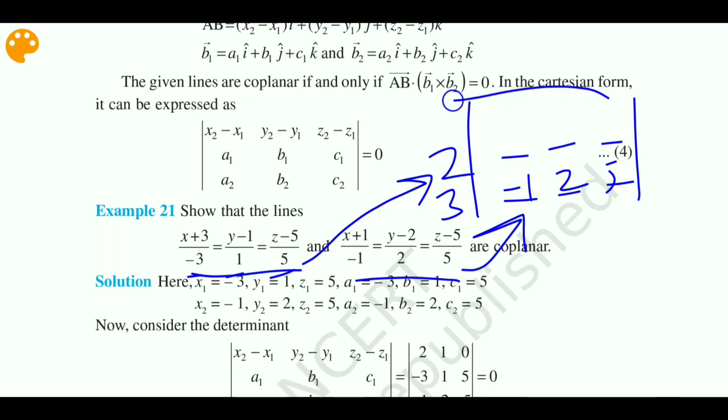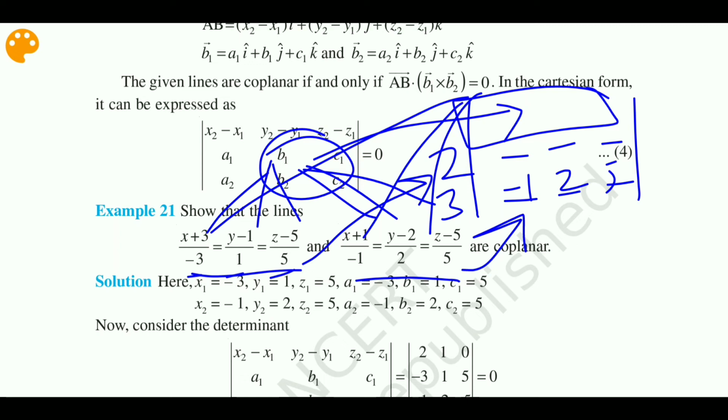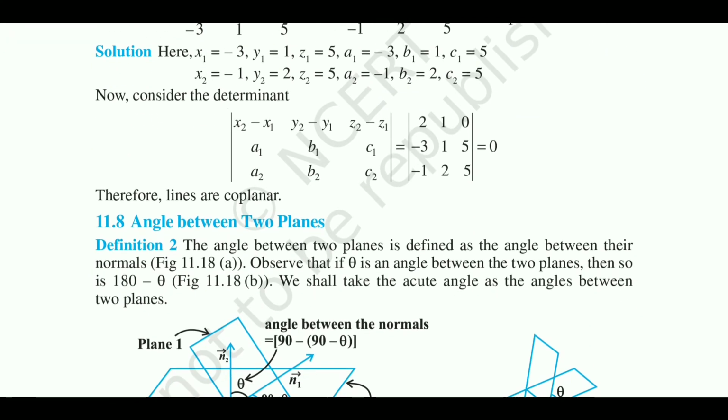In the first row you just put the difference between these two points. Take the difference of these and calculate. If this determinant comes out to be 0, then these two lines are coplanar, otherwise they are not coplanar.